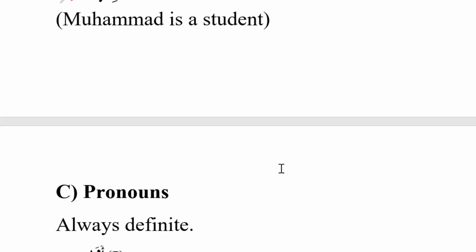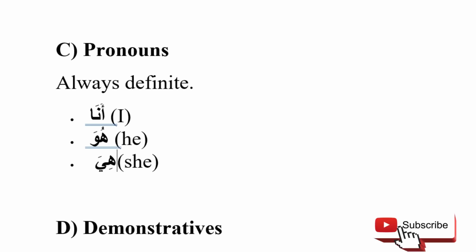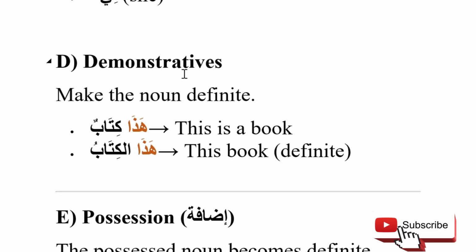And also the pronouns أنا, هو, هي. When I'm talking about myself, a specific person, a known person. When I address him, هو, I'm talking about a specific person, and so on. Of course, also demonstratives.